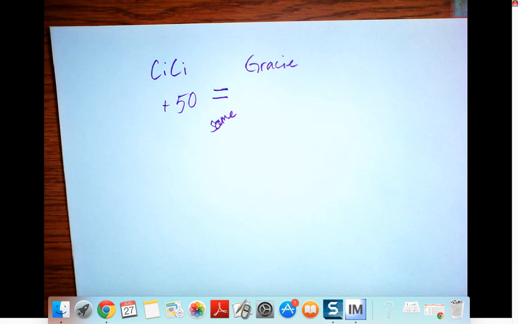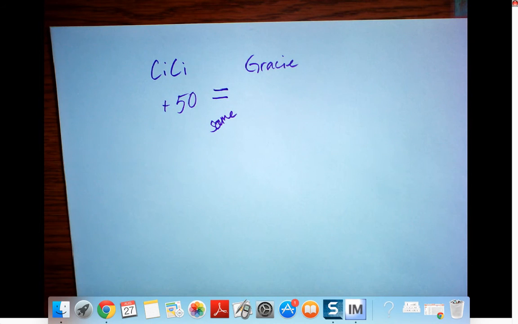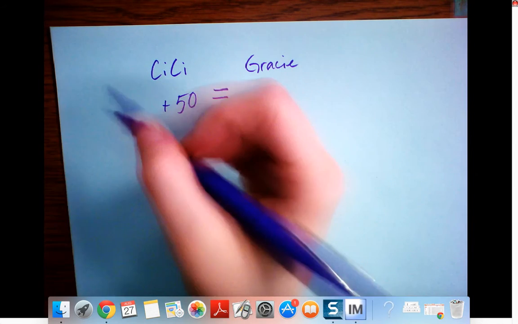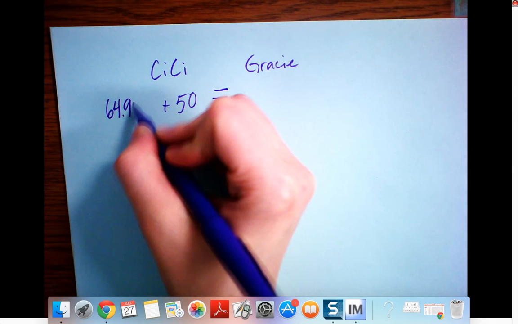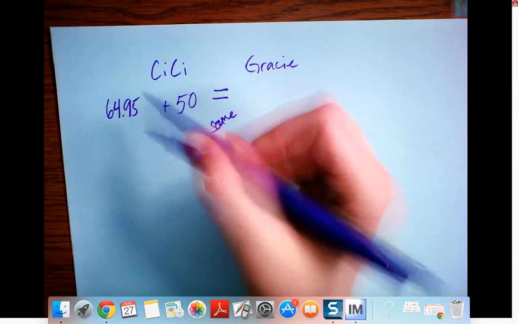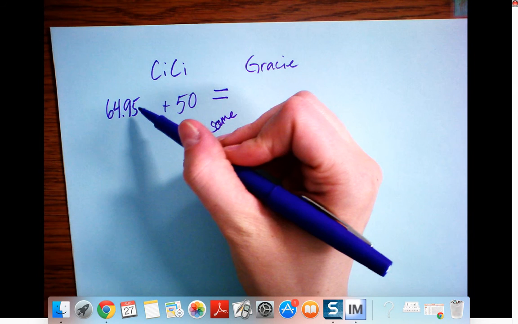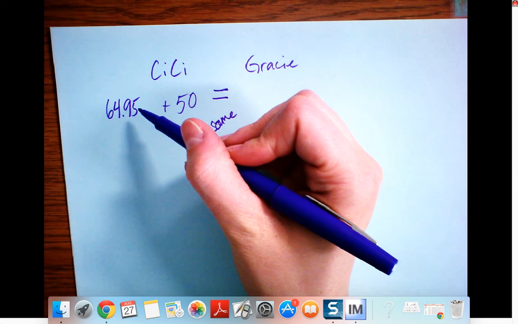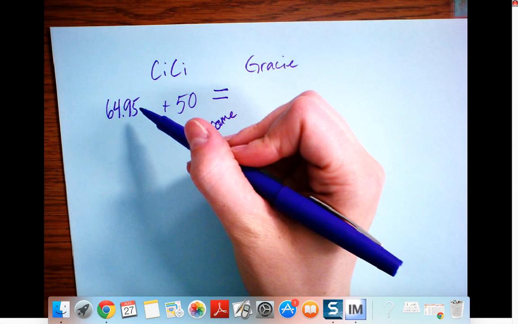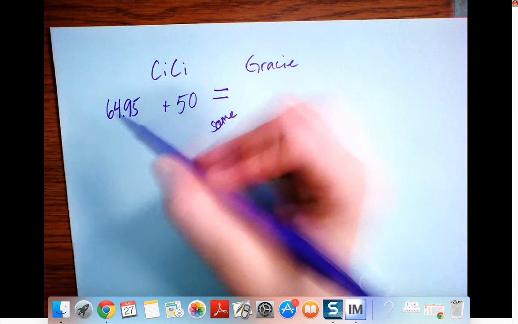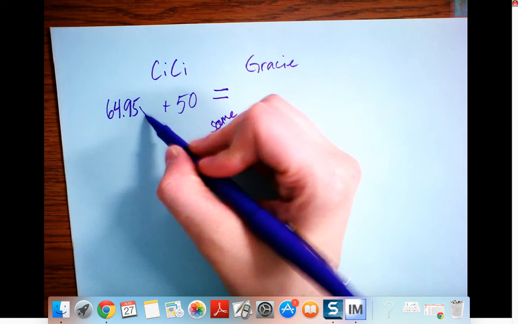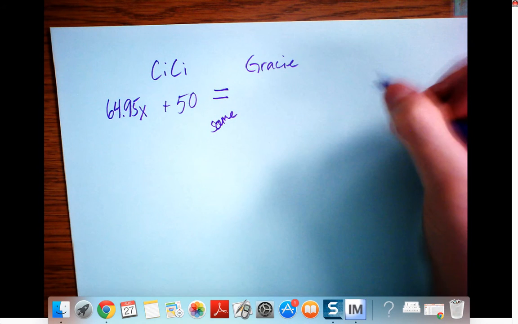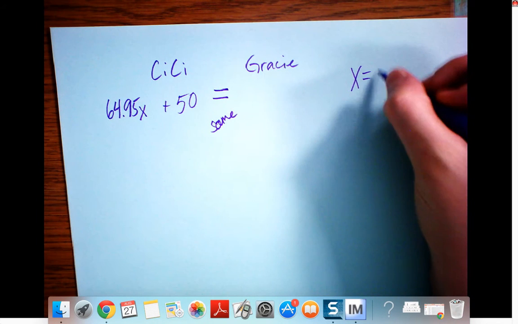Now, we have to think, are we going to pay an installation fee every month, or are we going to pay that fee just one time? The price we pay monthly will be the $64.95. And what would we need to multiply by that price to show which month they would be paying the same? So we don't know which month, so X will represent number of months.